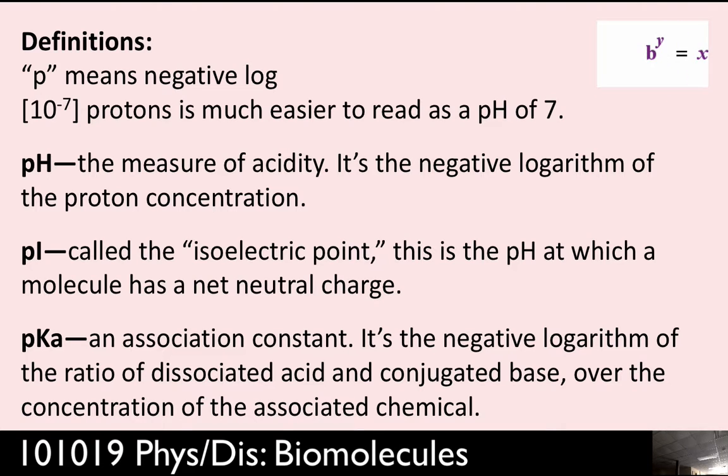It wants to unload a proton. It wants to dump a proton into solution. And the base is a proton acceptor. That's all. That's what an acid and a base is. It's a proton donor and a proton acceptor.